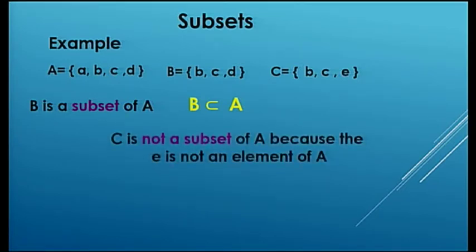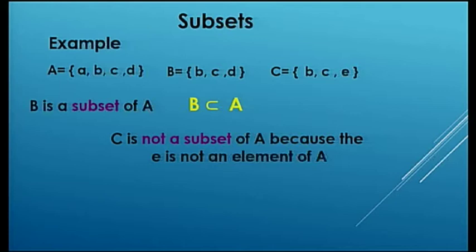Now C is not a subset of A. Why? Simply because in set C, we have the letter E, which is not present in set A. To be a subset, that set must consist of exactly the elements that come from the larger set.